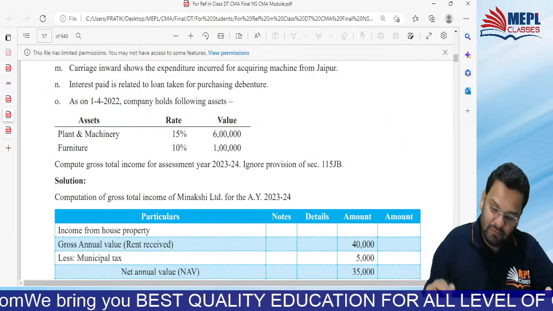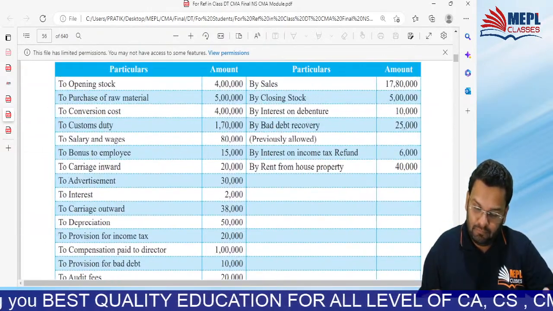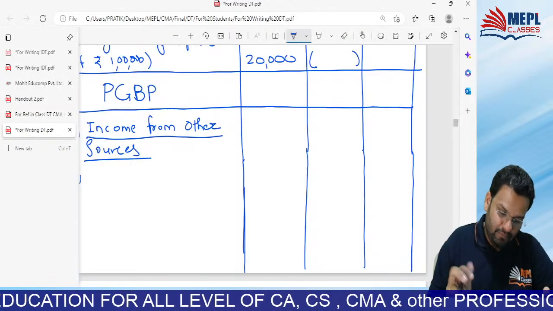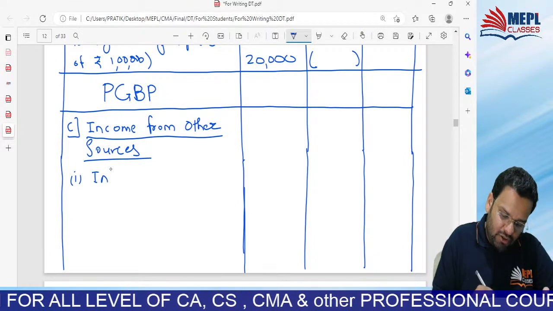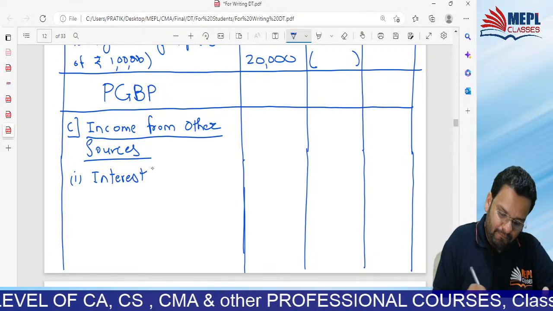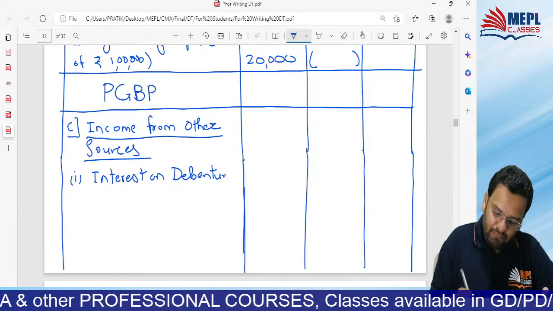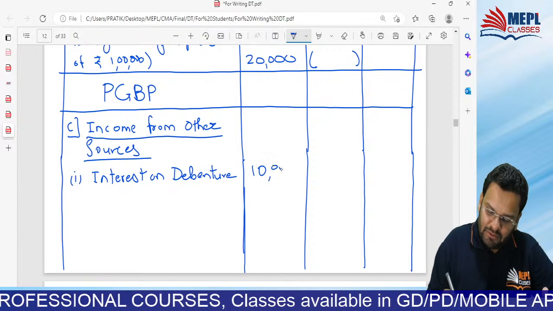First, you have interest on debenture. Take interest on debenture. You know, interest on debenture is 10,000 rupees.